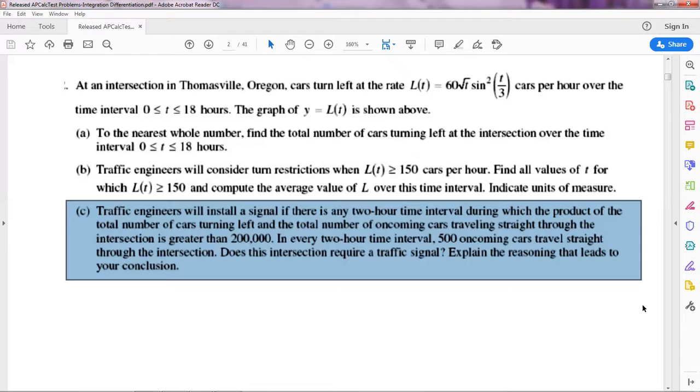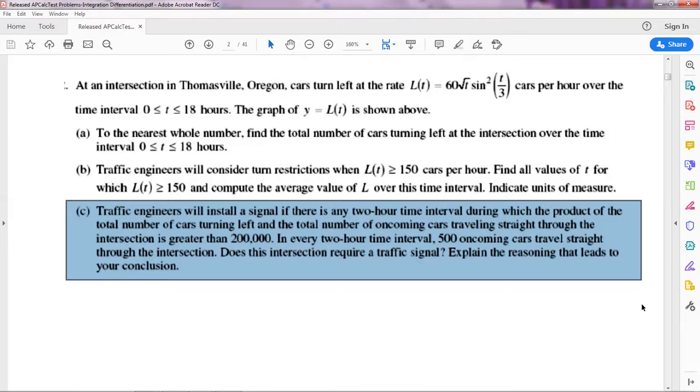Yeah, this is kind of weird, right? So they want to install a signal if there is any 2-hour time interval during which the product of the total number of cars turning left and the total number of oncoming cars traveling straight through the intersection is greater than 200,000.